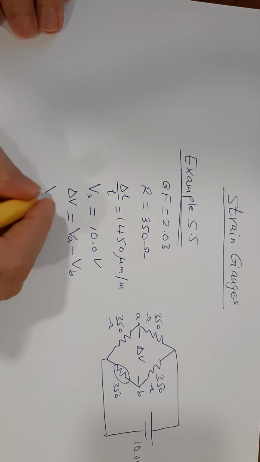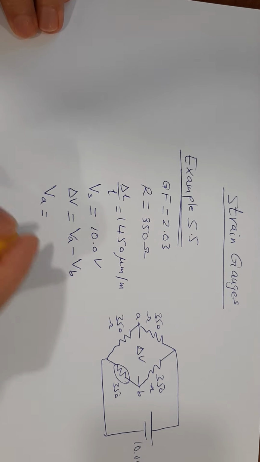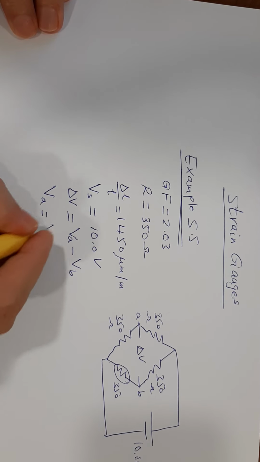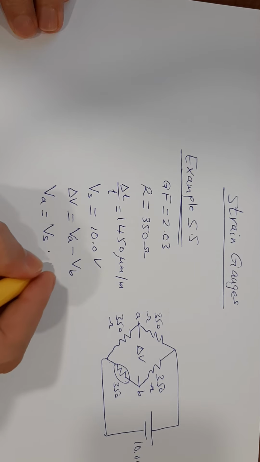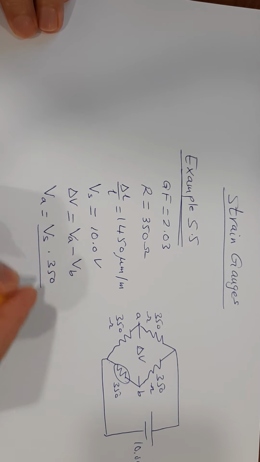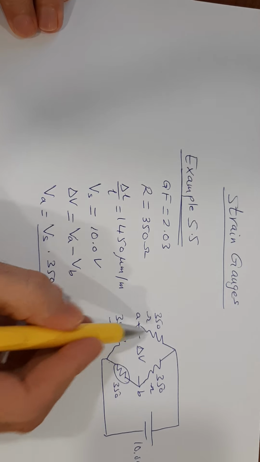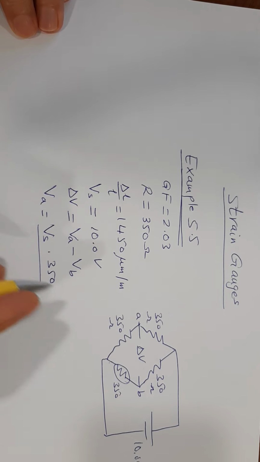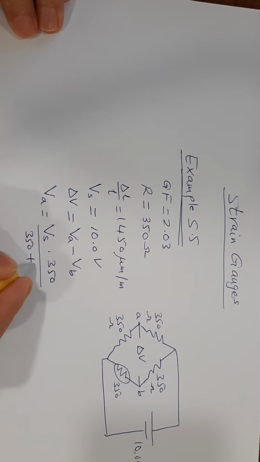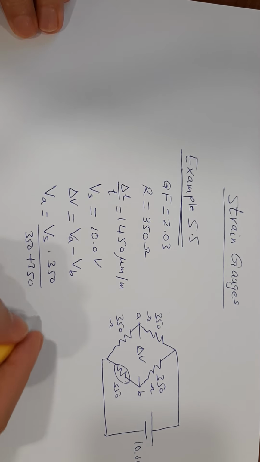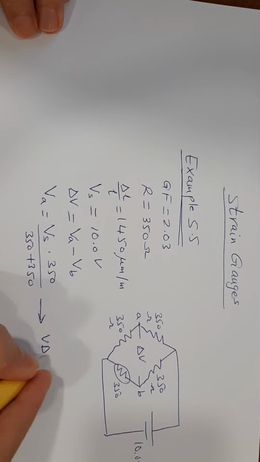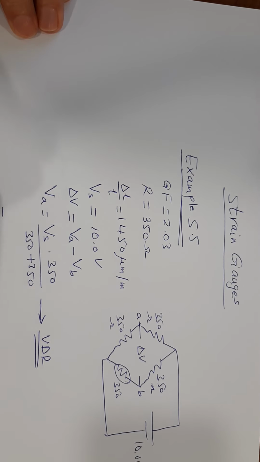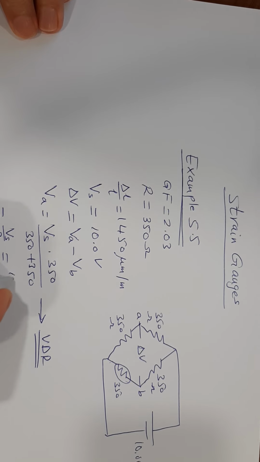And we know that VA, using the voltage divider rule, we can say VA is equal to Vs times 350 ohm divided by 350 ohm plus 350 ohms, because the two resistors here are equal. This is from the voltage divider rule. So this is equal to Vs over 2, which is 10 volts divided by 2, equal to 5 volts.